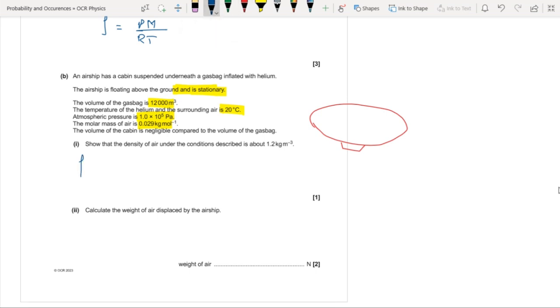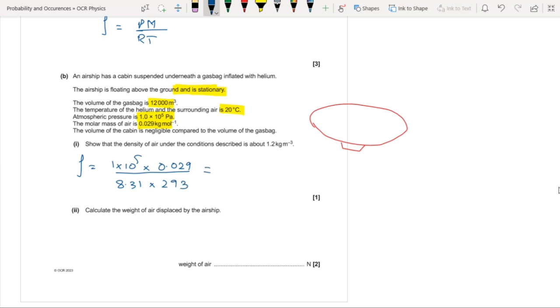That density is equal to pressure, which is 1 times 10 to the power 5, times the molar mass of air, 0.029, divided by the constant R, which is 8.31, times T, and T should be in Kelvin. So 20 plus 273 is 293.